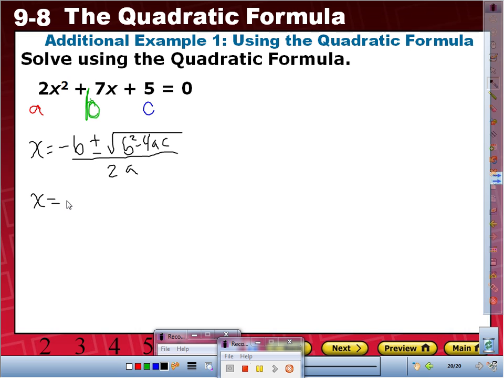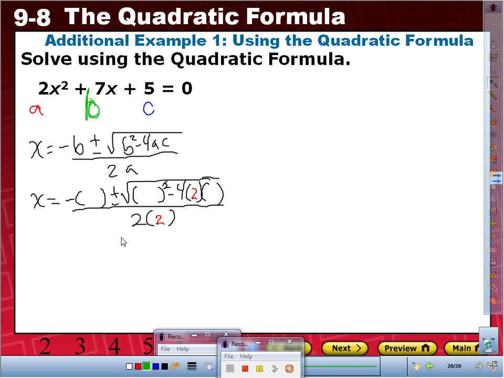We get x equals minus parentheses plus minus square root parentheses squared minus 4 parentheses parentheses over 2 parentheses. Okay, what is A? A is 2. That goes here, 2 and 2. What is B? 7. It goes here and here. And what is C? That is 5, it goes over here.